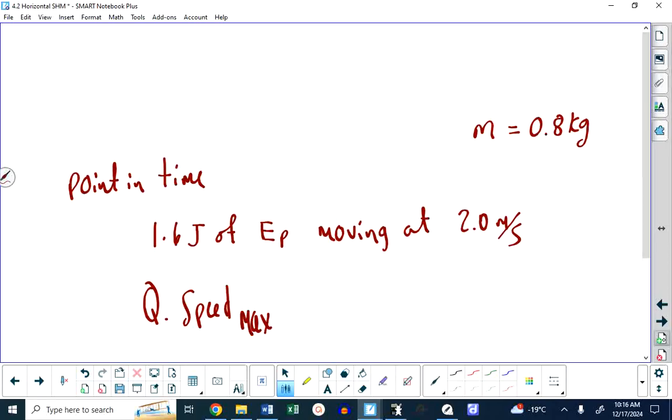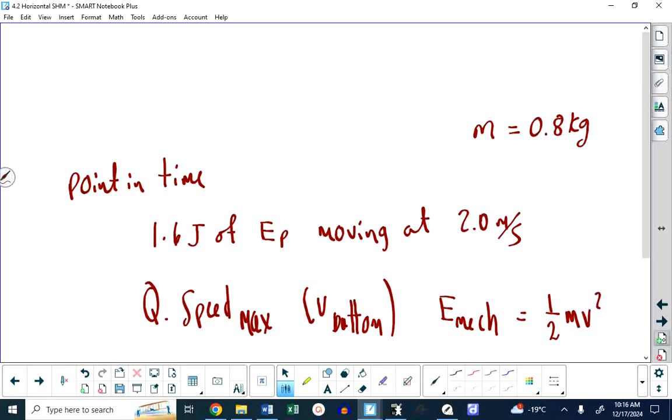Okay. The idea here, and you guys did very well on this, is that you know the maximum speed is the speed at the bottom, and you know that at the bottom, the mechanical energy is only kinetic energy, right?